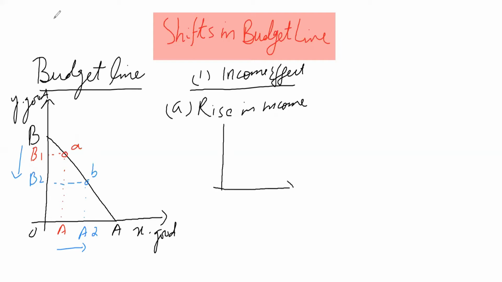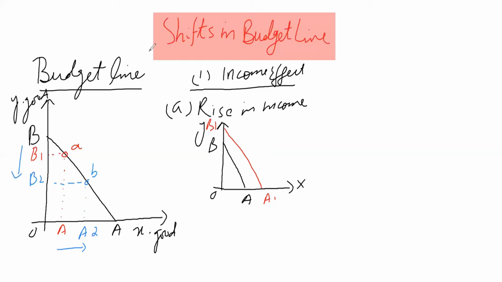On x axis we show x good, and on y axis we show y good. Draw an initial budget line, and we can label this budget line as AB. If there is rise in income, it increases purchasing power of consumer, so consumer would be able to purchase greater quantities, so budget line will shift from AB to A1B1 to the right.